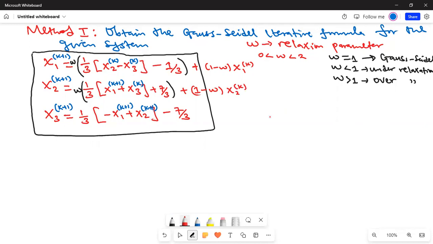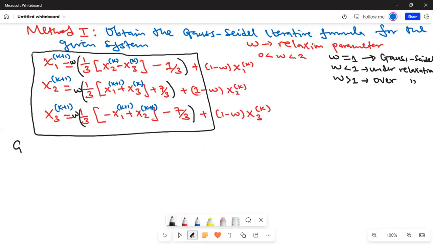And finally, the other equation, you also multiply by omega, then you also add 1 minus omega times x3 at level k. So when you do that, that's what we are now calling the SOR iterative method.